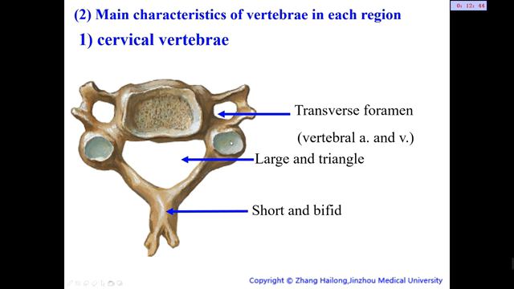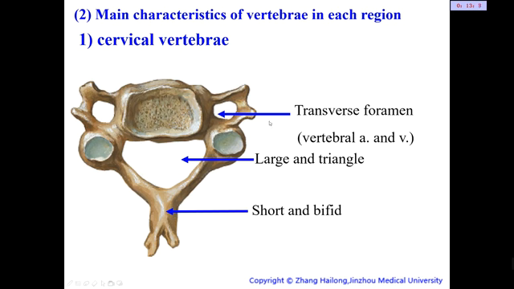Now let's see some special ones. The special structure means only cervical vertebrae have it; other vertebrae haven't. First, on the transverse process, you can see there is a foramen. It's the transverse foramen. It's near the root of the transverse process. Only cervical vertebrae have the transverse foramen.